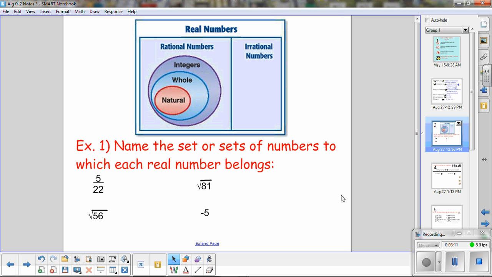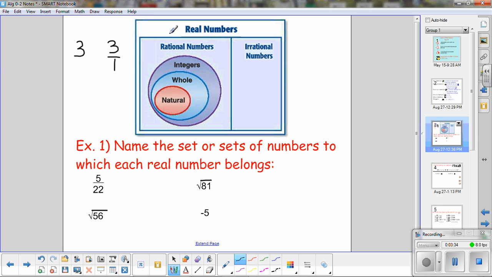Now, one of the things that I always use to help me decide if it's a rational number or irrational number is if I can write it as a fraction. So if I have something like the number 3, I ask myself if I can write that as a fraction. And I can write that as a fraction like this.